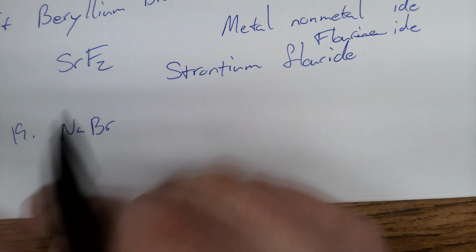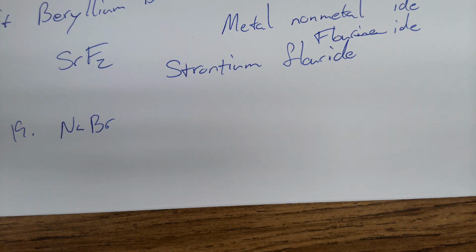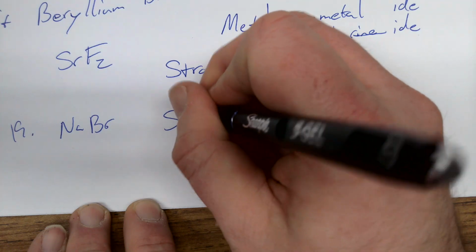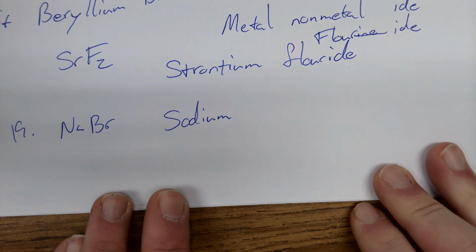Is it Na or Br? What's the metal? Na or Br? I can call people out if I have to. The Na. What's Na on the periodic table? Sodium. What's Br stand for?